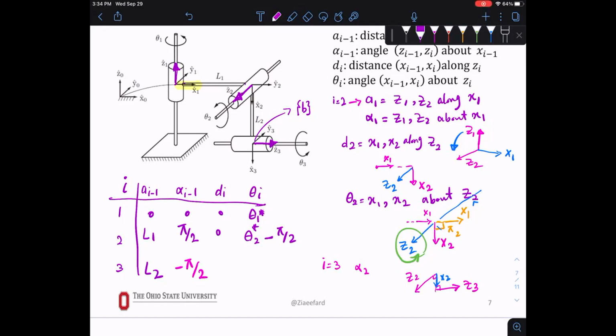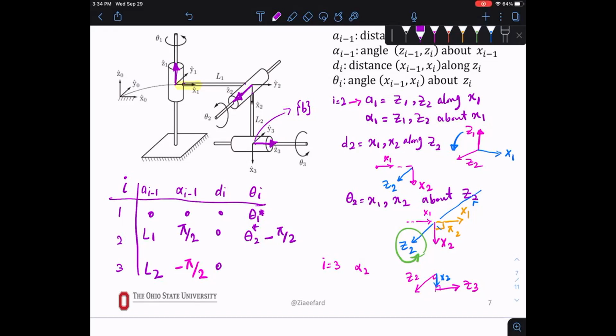What is d_i, or d3? The distance between X2 and X3 along Z3. X2 and X3 are in the same direction, so the distance is 0, there's no offset.